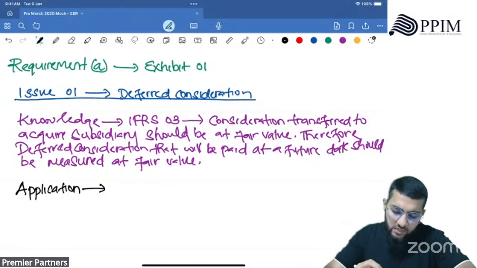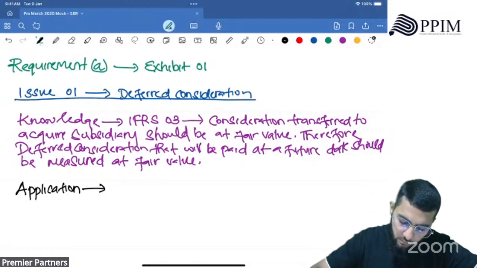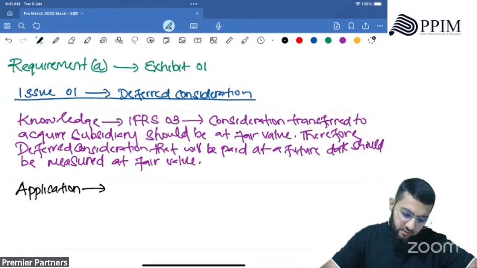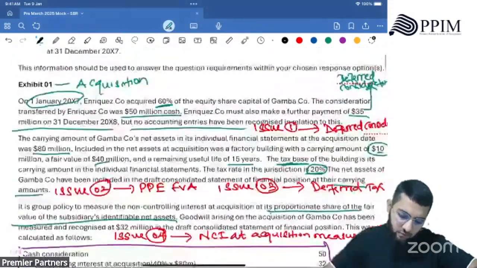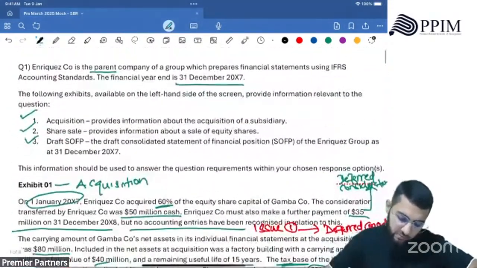So what's the deferred consideration here? How do you apply the scenario? You bring in the name of the company.